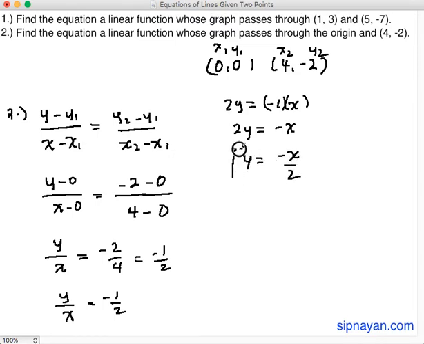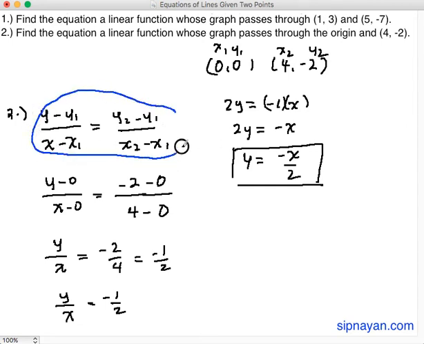So, ito na yung equation ng ating line, which passes through the origin and 4, negative 2. Okay, so yun lang yung isang strategy para kunin yung equation ng line given 2 points. Ang tatandaan lang ninyong formula is ito. Meron pang ibang ways. Ang susunod na video natin ay pag-aaralan natin yung isa pang strategy.